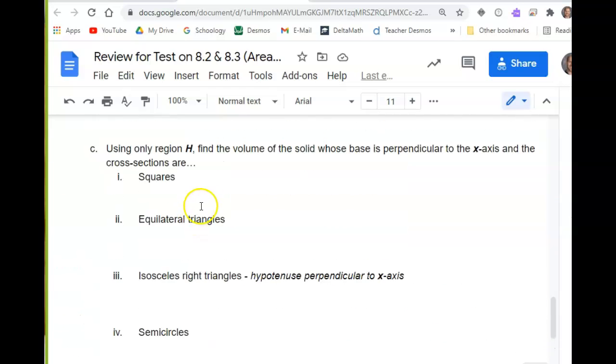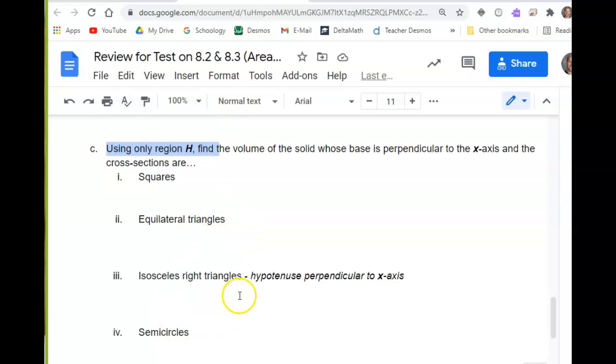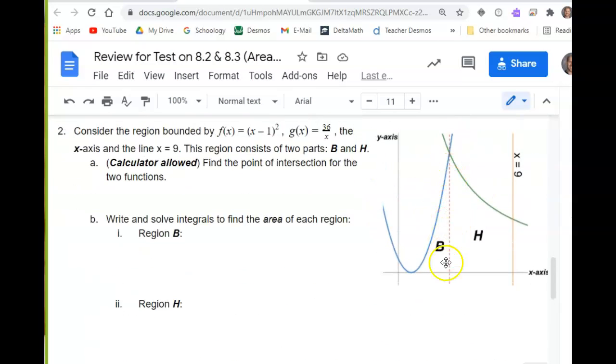All right? And to check your work from today, we're going to take region H, and we're going to look at squares, equilateral triangles, isosceles, and semicircles. So that's kind of the practice for today. That's why we didn't have extra homework on this piece. I don't think we need extra homework and then a review. So when it says region H, here's region H right here. You'll have to find this intersection point. That's what part A is.